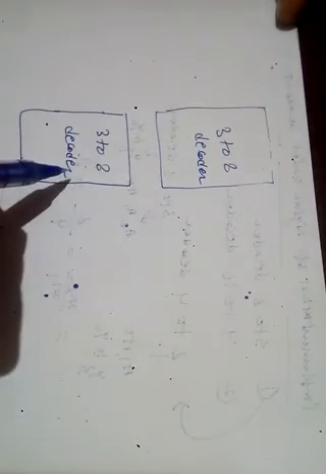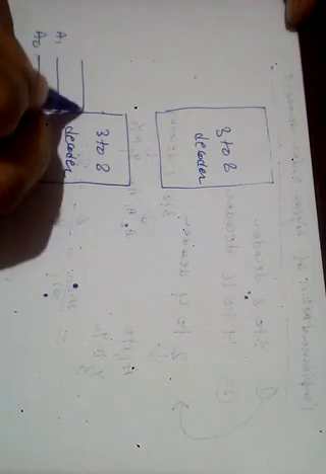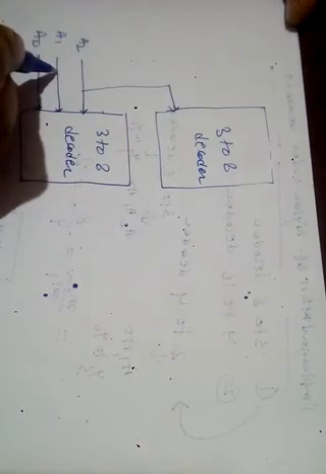These are two 3 to 8 decoders, and each 3 to 8 decoder has 3 inputs, that is A0, A1 and A2, and the same inputs will be applied to the upper 3 to 8 decoder also.